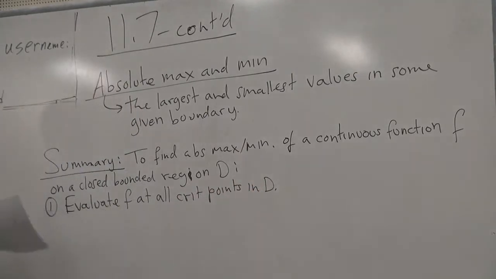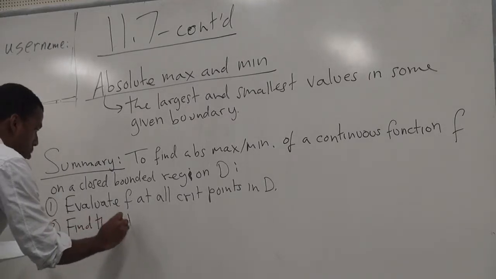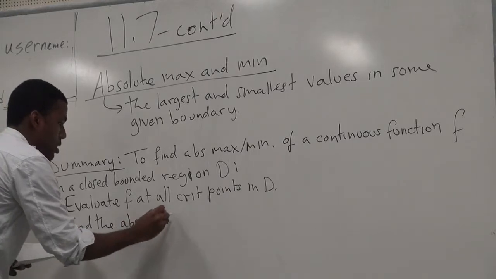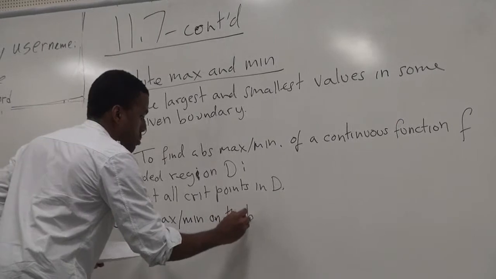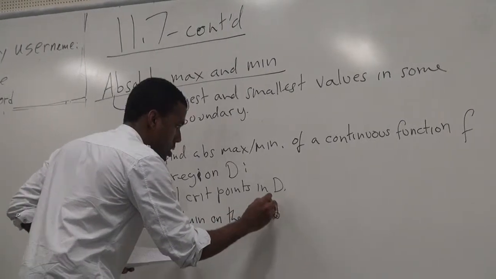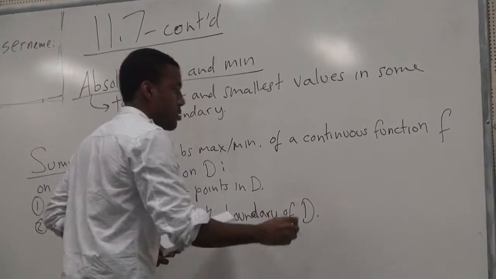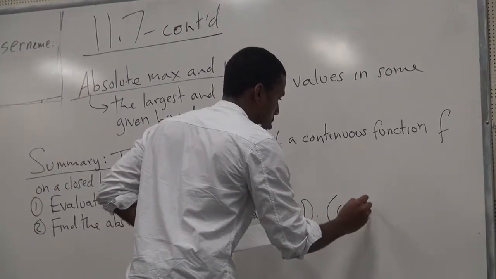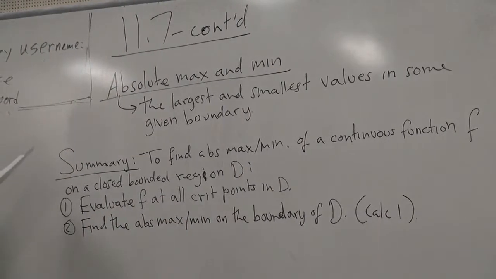You're going to evaluate f at all critical points in the region that you're given. 2. Find the absolute max and min on the boundary, which is basically going to look like Calc 1, and we're going to see how that happens here.